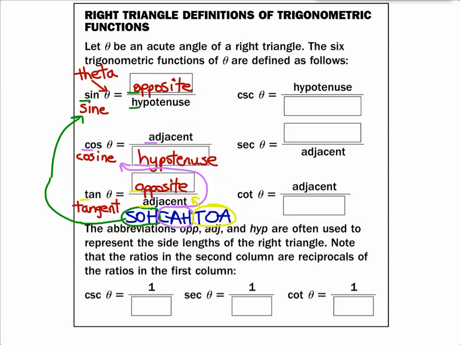Now, these three are the mainstays, the important ones in trigonometry, but there are three more friends that come along for fun. First one looks like CSC. That is short for cosecant. Cosecant of theta is hypotenuse divided by opposite.